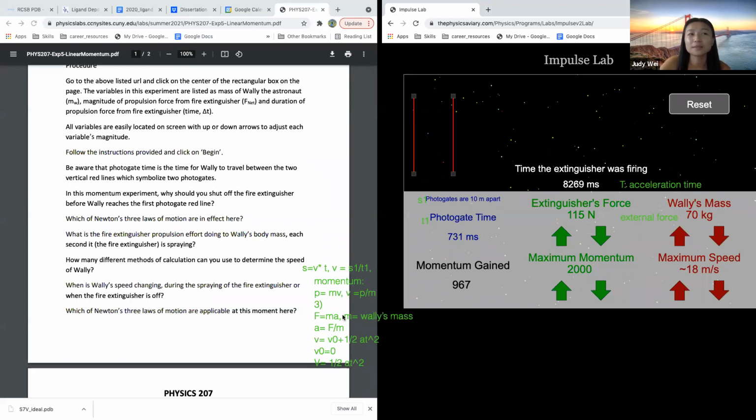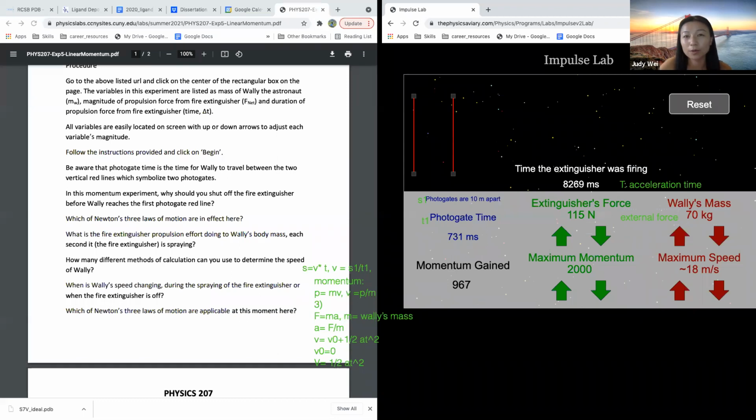So does it make sense? Yeah, do you want us just to write down these different ways, or do we actually have to do the math for this question? You can just write down the equations. Okay, thank you. You don't have to, unless they ask you to determine the speed of Wally.